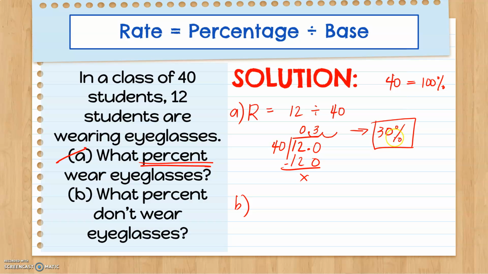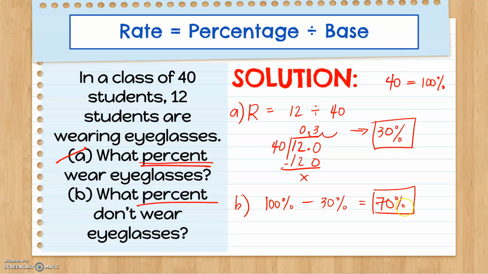If 30% are wearing eyeglasses, it means that the remaining percent do not wear eyeglasses. Therefore, for us to find the percent of students who don't wear eyeglasses, we just simply have to subtract the percent of students who are wearing eyeglasses from 100%. And this will give us 70%. So again, 30% of the class are wearing eyeglasses and 70% do not wear eyeglasses.